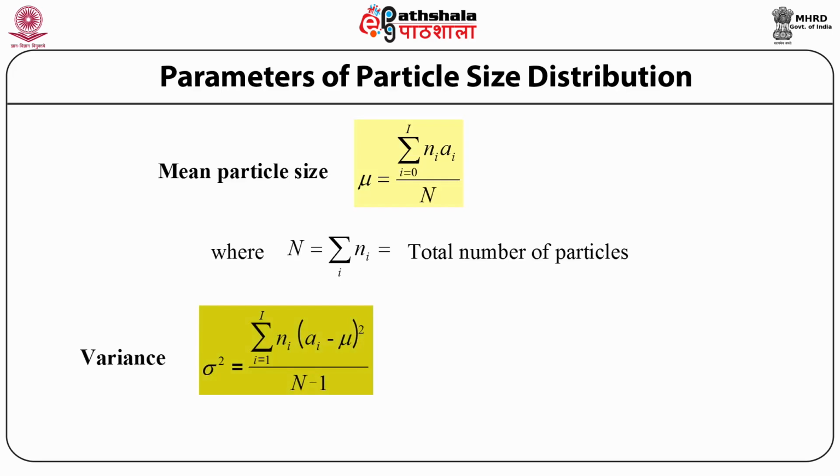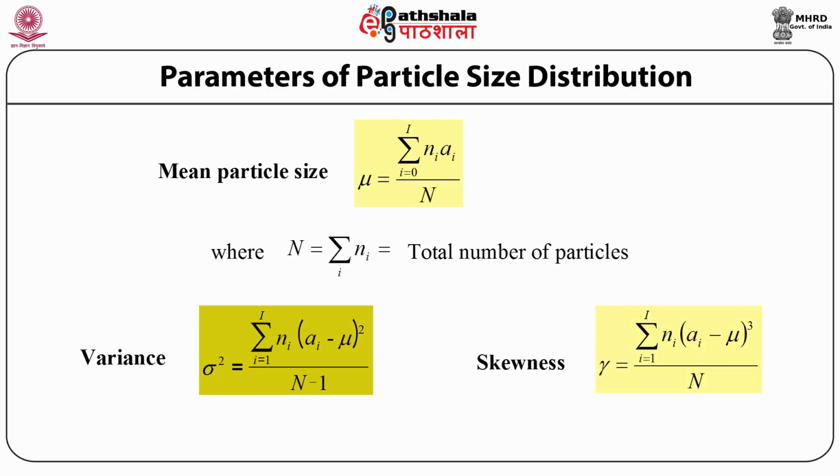Next is variance. Variance is represented as sigma square. Sigma square is equal to summation i goes from 1 to I, Ni (Ai minus mu) whole square divided by n minus 1.